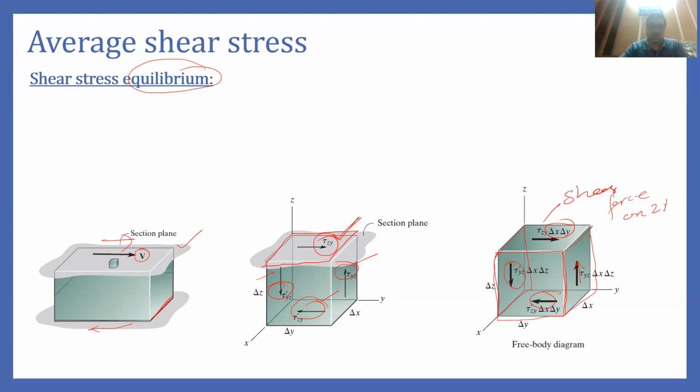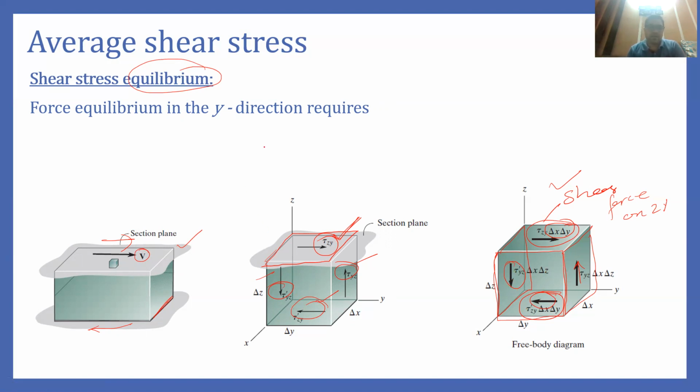Now, if we apply the equilibrium equation on this free body diagram, first along the y direction, how many forces are there? Along the y direction, one force is tau zy, and the second one is tau dash zy, delta x, delta y.